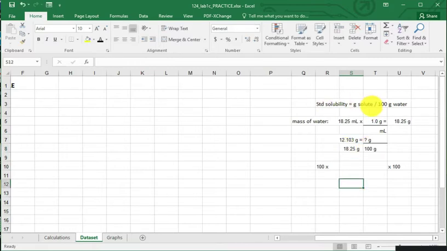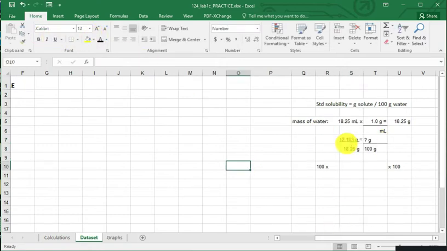But standard solubility is I have to re-ratio this to be how many grams of solute would be in 100 grams of water. So I need to do a proportion, right? On the top of the fraction, I have the sodium nitrate mass, and on the bottom I have the water mass, and I want it per 100 grams. So this is really just like a ratio, right? Let's put this little underline so it looks more like a ratio.